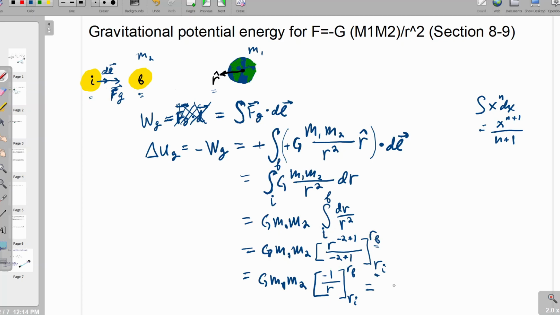So what I have is G m1 m2 times a minus 1 over r final minus 1 over r initial. Or in other words, take this to be a plus.